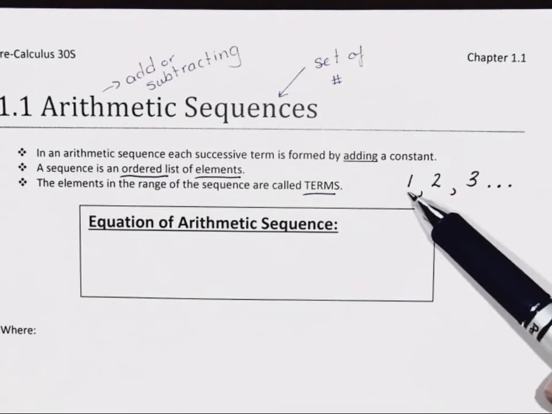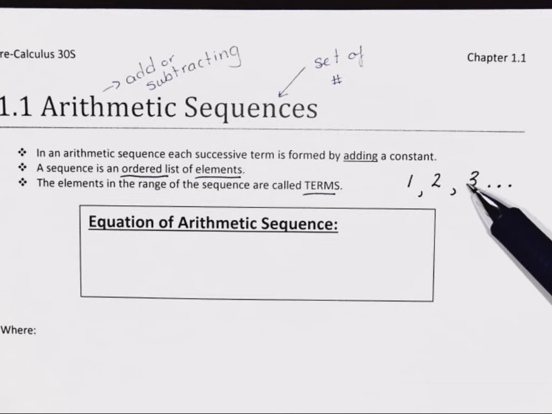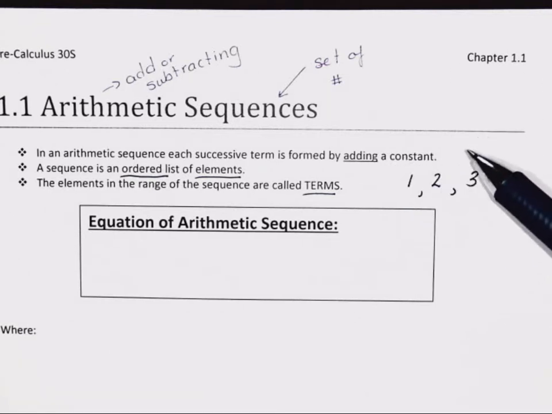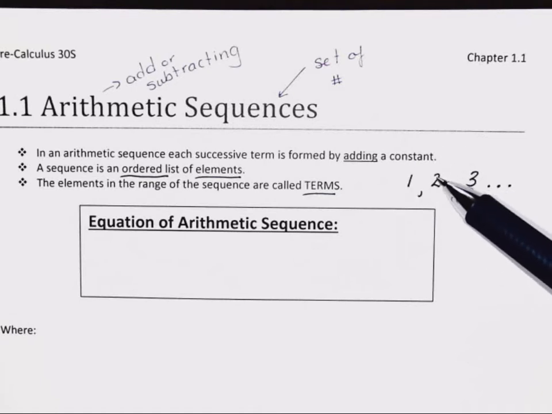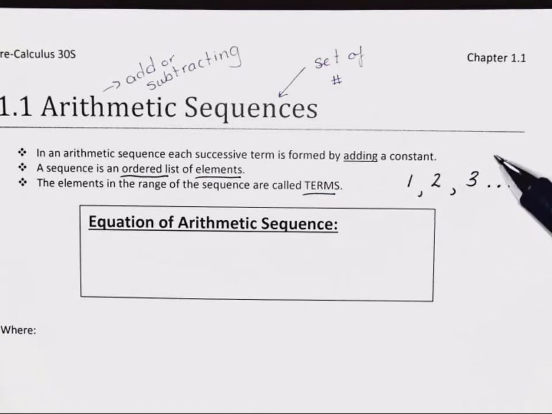Okay, so you're like, this is just counting, and it's true, but it is an arithmetic sequence because if I take 1 and add 1 to it, I get to 2. If I add 1 to 2, I get to 3. Add 1 to 3, I get to 4, and so on and so on.